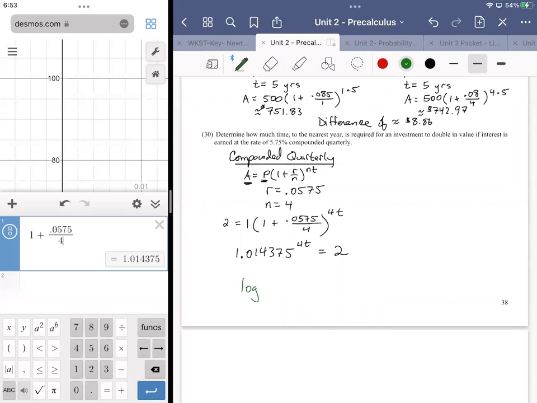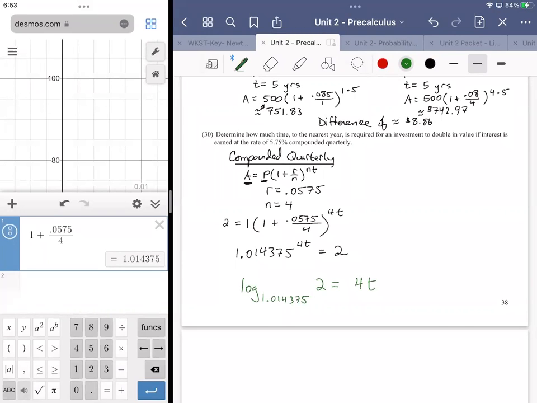All right. So log base 1.014375 of 2 is equal to 4t. All right.